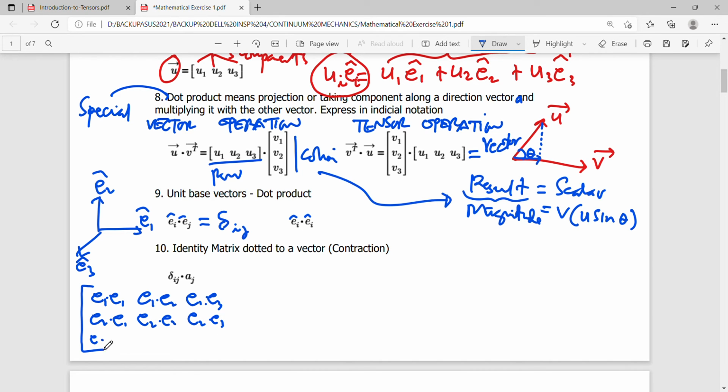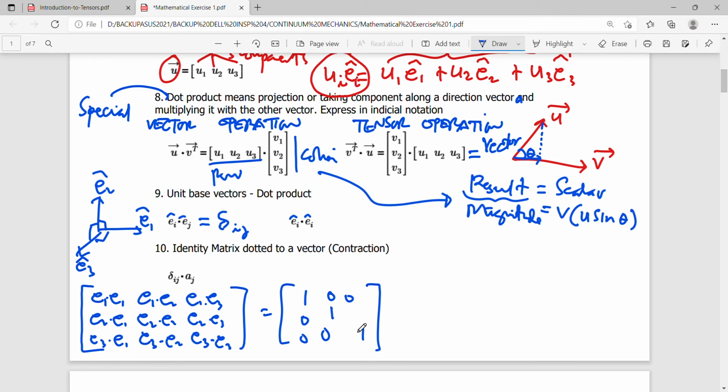And then we have E3 E1, E3 E2, and E3 E3. Okay, so E is a unit, 1, so this is now 1 times 1. So all of these will become 1. And the projection of E1 to E2 is 0 because these are perpendicular, and therefore these are all 0. So we can go back to the basic Kronecker delta, delta ij.